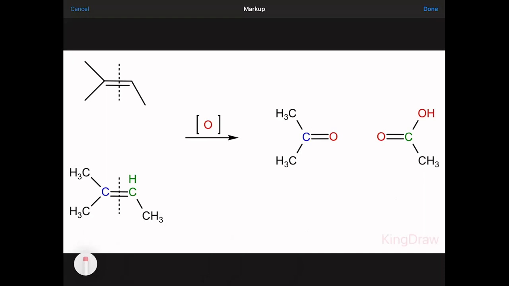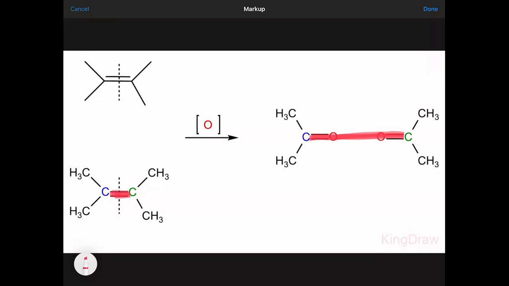So we can go back and look at the final one, where you have everything fully substituted like this. Fully substituted meaning there are no extra hydrogens. Let's highlight the double bond. There's the double bond there, and we basically stretched the molecule apart, pulled it apart by the double bond.